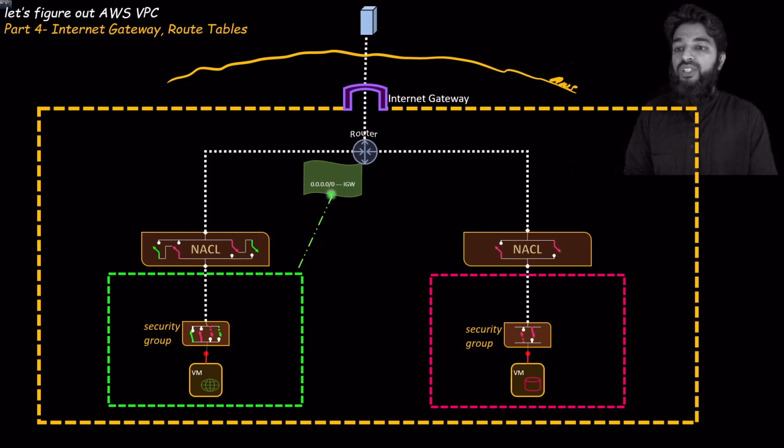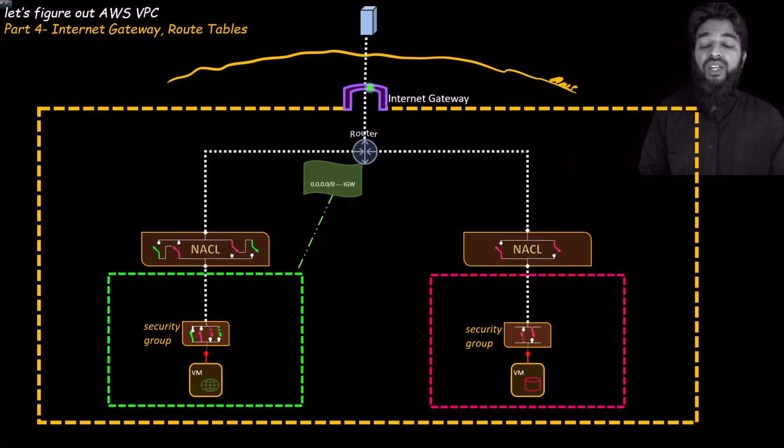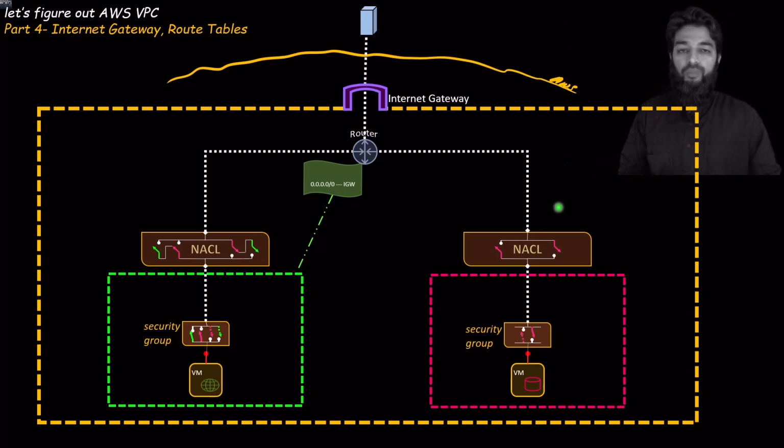But as per this instruction, what will happen? Even that traffic, the router will forward it to the internet gateway. You don't want that to happen, right? Internal traffic you want forwarded to internal servers, and only external traffic should be forwarded to the internet gateway. In fact, this scenario will never happen.